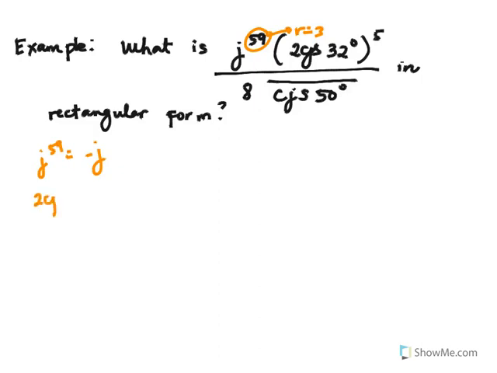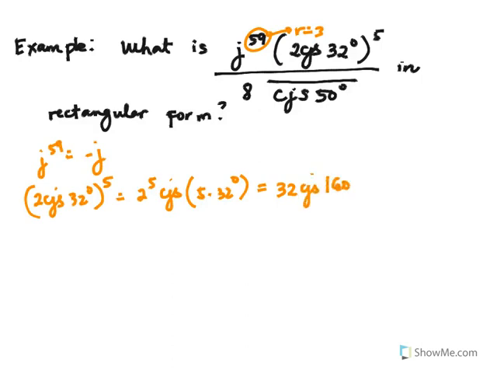And then the 2 cis 32 degrees raised to 5 can be expressed using De Moivre's theorem as 2 raised to 5 cis 5 times 32 degrees, or that is 32 cis 160 degrees. And then the conjugate of cis 50 degrees is equal to cis negative 50 degrees. Okay, pag magko-conjugate tayo sa polar form, ini-negative lang natin yung argument.